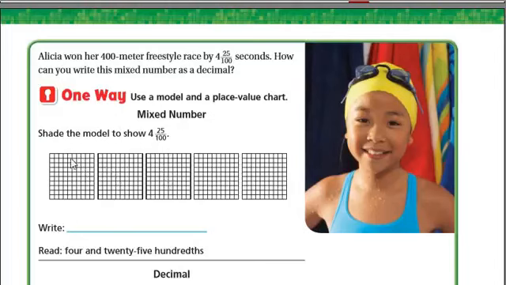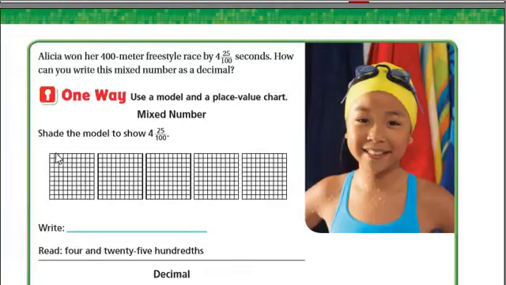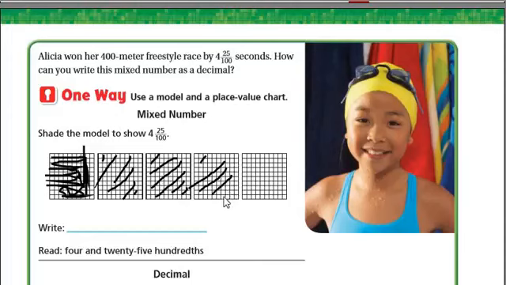If we want to shade 4 whole ones, let's shade 1 whole, shade it all. 1, 2, 3, 4.